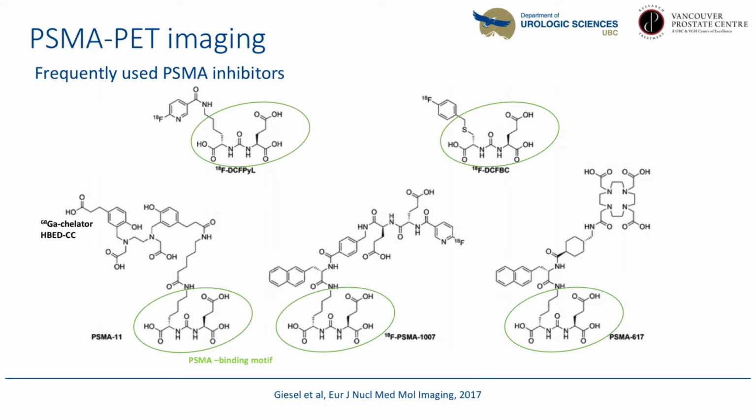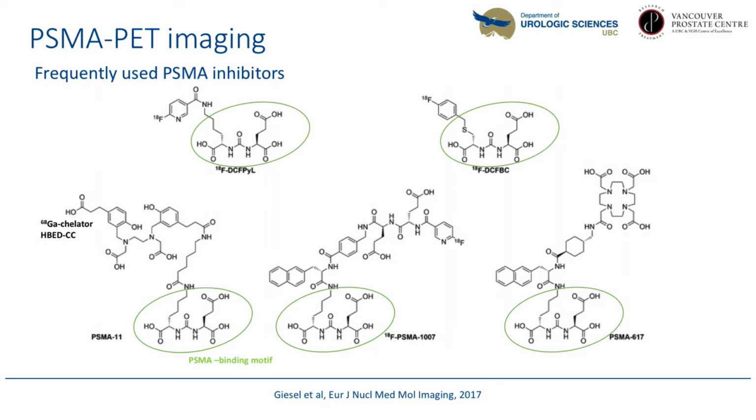Then you have the radioactive compound bound to that via a chelator or directly. And what you see on the right-hand side is the most commonly used gallium tracer, PSMA-11. PSMA-11 is also called PSMA DKFZ, and it's also called PSMA HBED-CC. So when you hear about that, it's always the same thing.